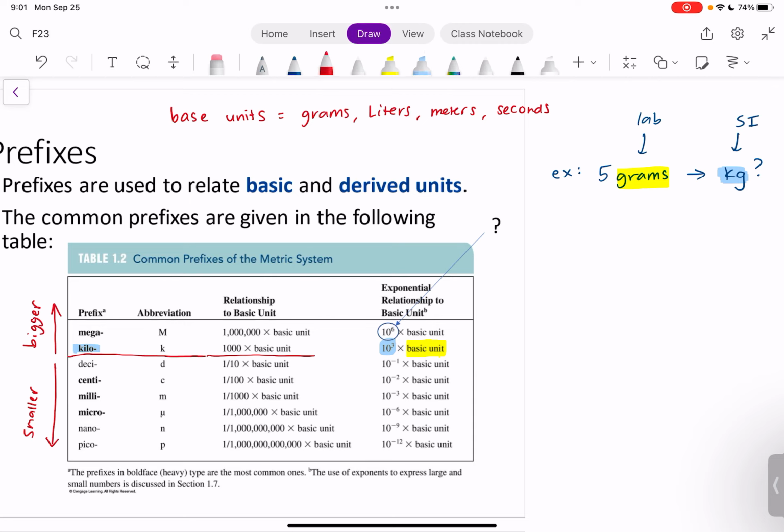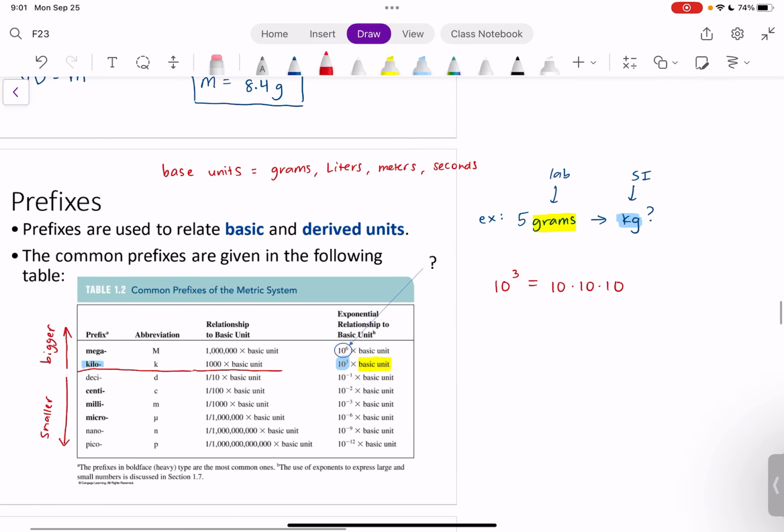So let's take a little side quest and think about 10 to the third. What is 10 to the third? It might have been a while since you've used exponents, and that's totally okay. What I really want to do right now is convince you that 10 to the third equals 10 times 10 times 10. Why does it equal that?